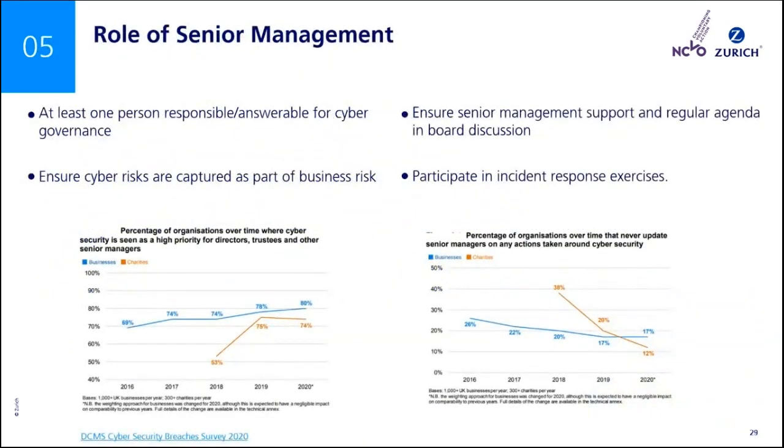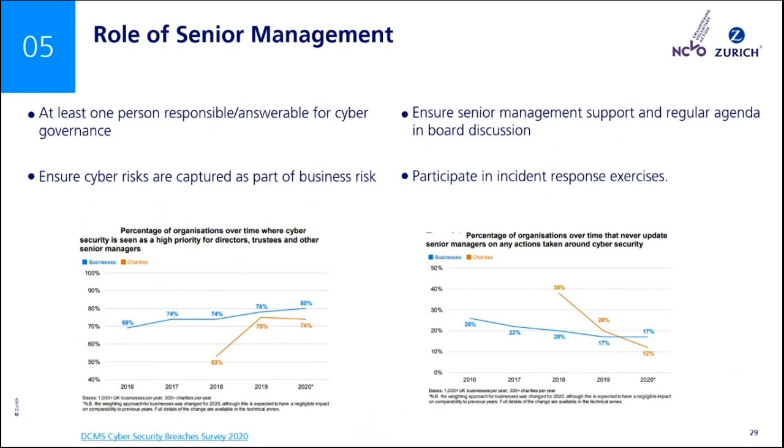That brings me to the last part of the presentation. What is the role of senior management in the whole cyber maturity journey? There are 2 graphs at the bottom. Going back to the DCMS Cyber Security Breaches Survey, last year 74% of organizations said that cyber security is seen as a high priority for directors, trustees, and other senior managers.